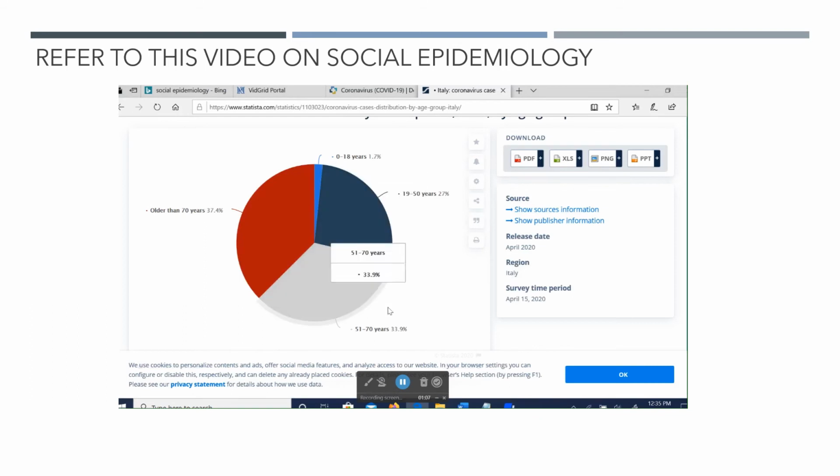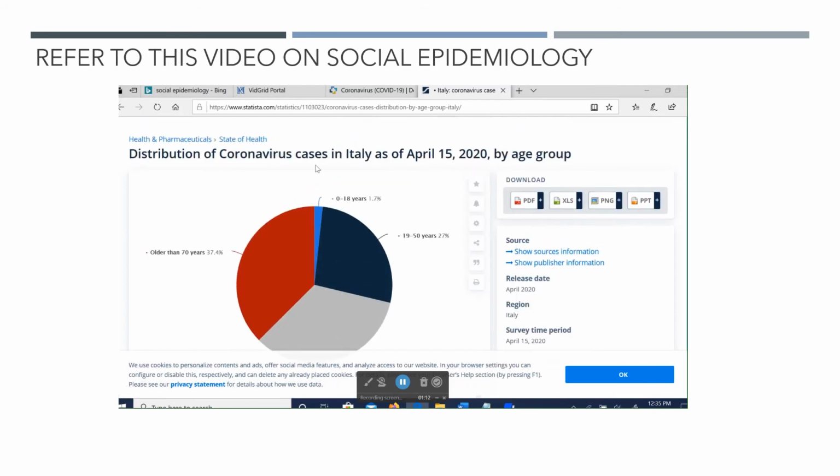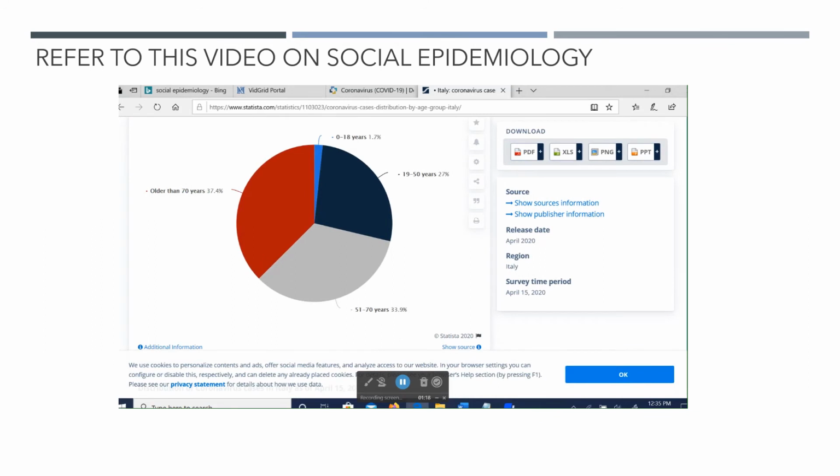Just Google the statistics on coronavirus cases in Italy by age, and this will bring us to this website. As you can see, the majority of deaths occurred for those over 50, right? Close to 34% for those between 51 to 70, and about 37% for those 70 and older.